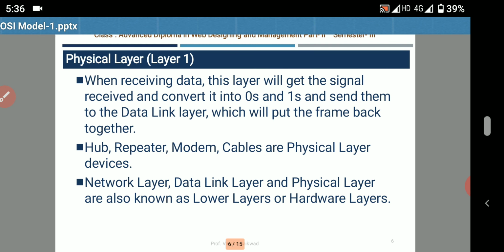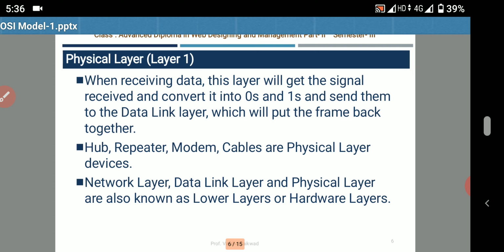When receiving data, this layer will get the signal received and convert it into zeros and ones. That means the layer receives the electrical signal and converts it to the zeros and ones and sends them to the data link layer, which will put the frame back together.